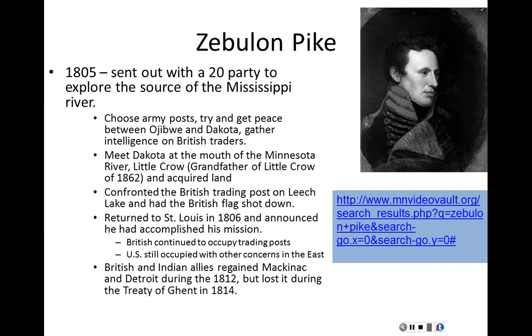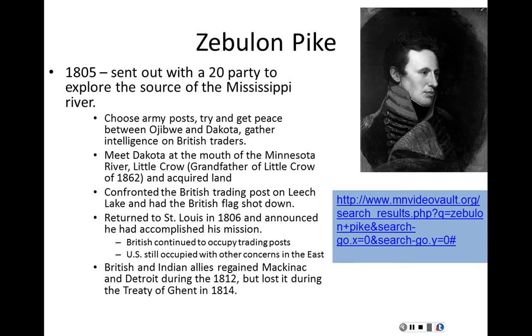So he sends out Zebulon Pike, a young Army officer, whose goal is to reassert American claim to Minnesota. So you can see Jefferson working on the diplomatic front to claim Minnesota. He's also doing it on the ground. So Pike comes, he wants to choose army posts and especially try to broker a peace between the Ojibwe and the Dakota, because that's good for business.